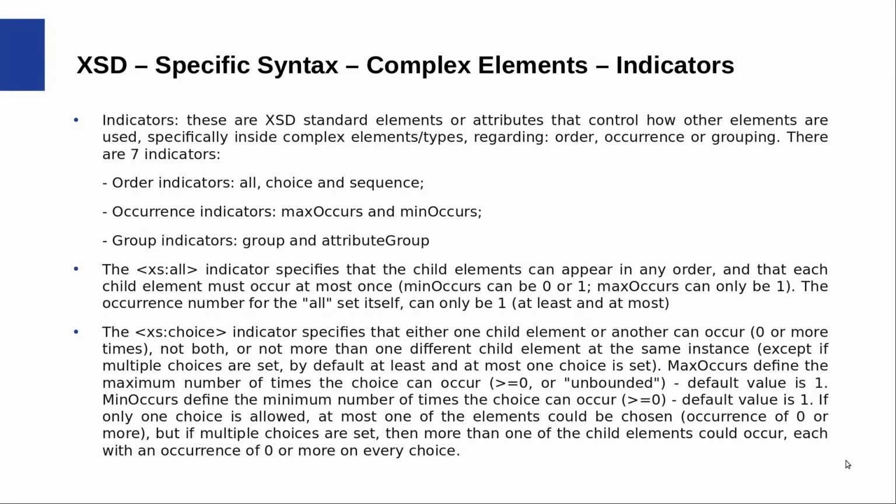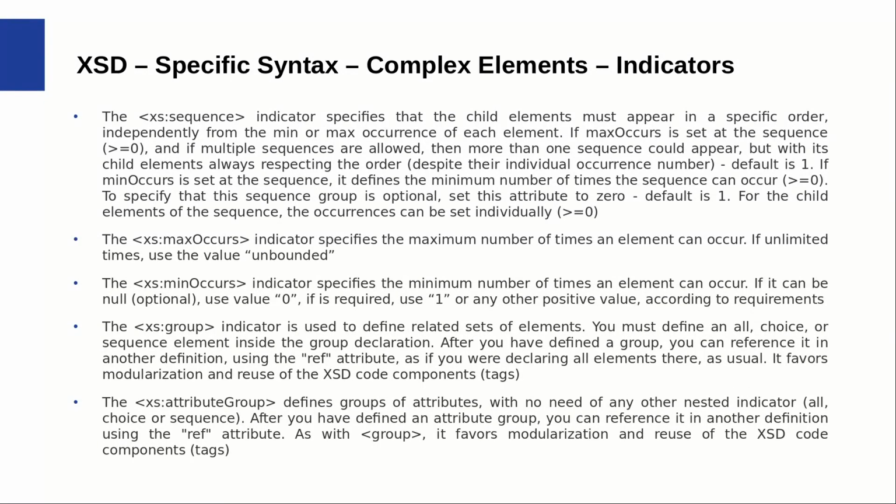And now let's see the last two indicators, which are the group and the attributeGroup, which are pretty simple. The group indicator is used to define related sets of elements, and you must define an indicator inside it to specify the order of these elements that compose the set.